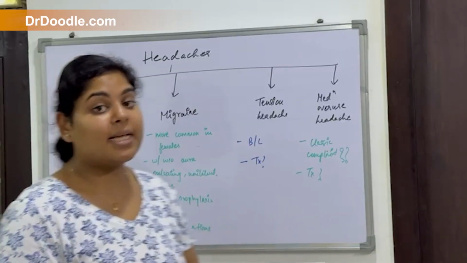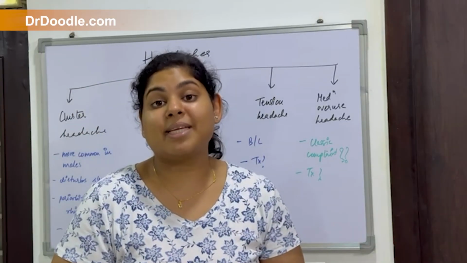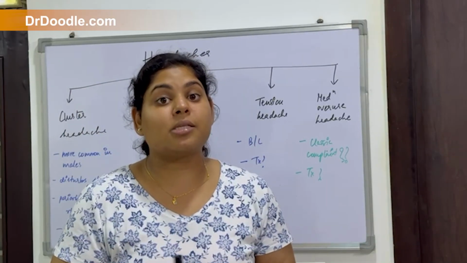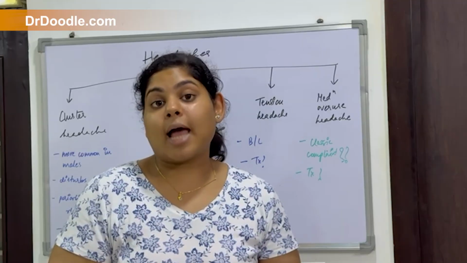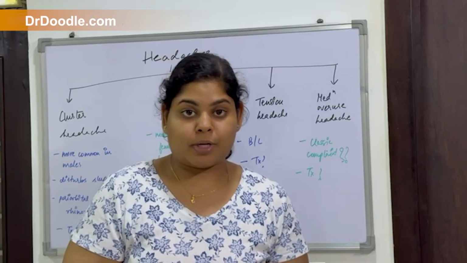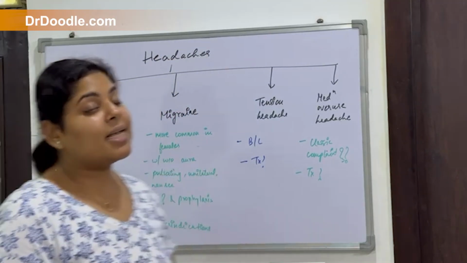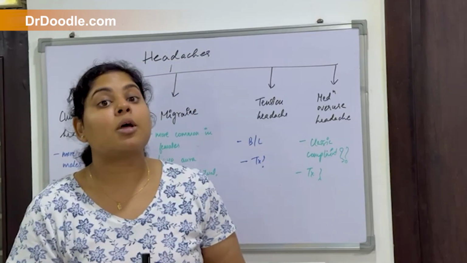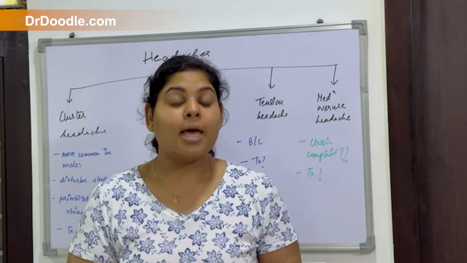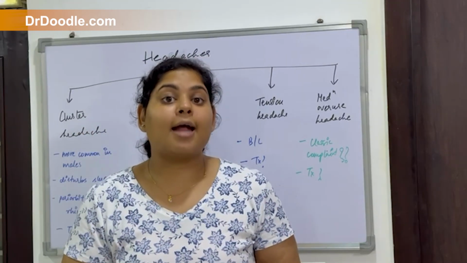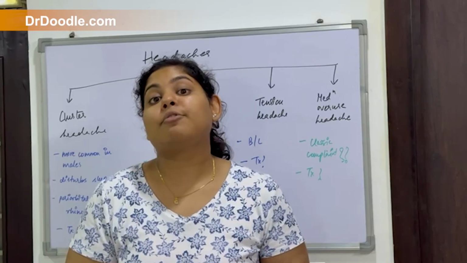For migraine headaches, we said prophylaxis is beta blockers, and for acute crisis, you can give them NSAIDs, ergot alkaloid, or a sumatriptan. And for cluster headaches, we said acutely you can give the person 100% oxygen to breathe, or a sumatriptan, and for prophylaxis, we said something like a verapamil.